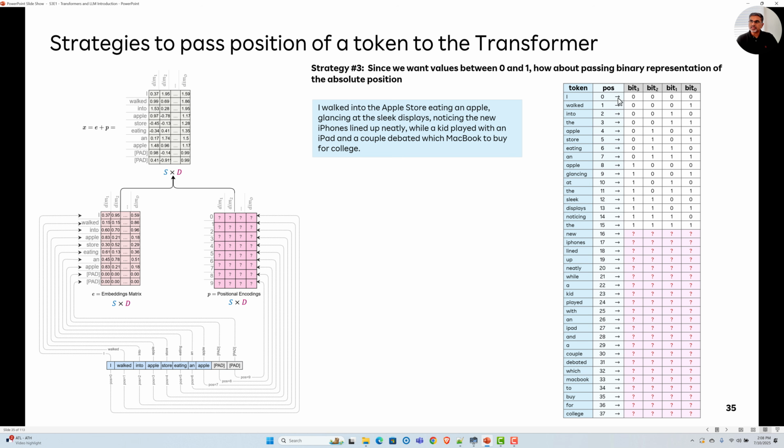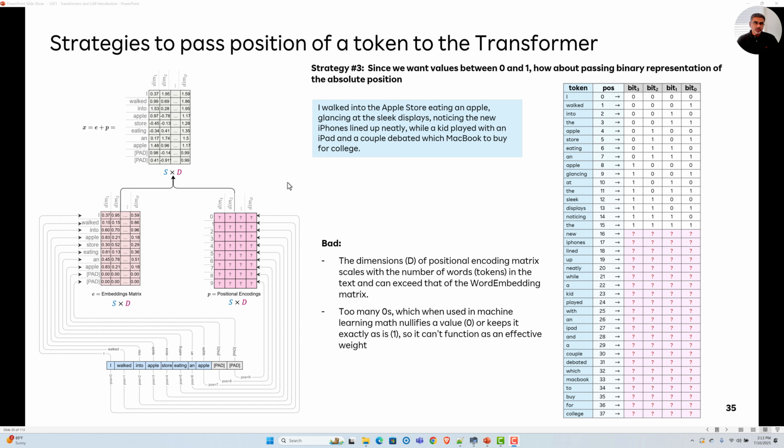And if you fix the number of dimensions here, let's say I'm showing 4 dimensions, when you hit the 17th token, you don't have space. So you actually have to expand the number of dimensions in the positional encoding matrix, which will not work, because you're going to add this positional encoding matrix to the word embedding matrix, which is dimensioned as S cross D. So as the sentence length increases, your binary format really does not help you either.